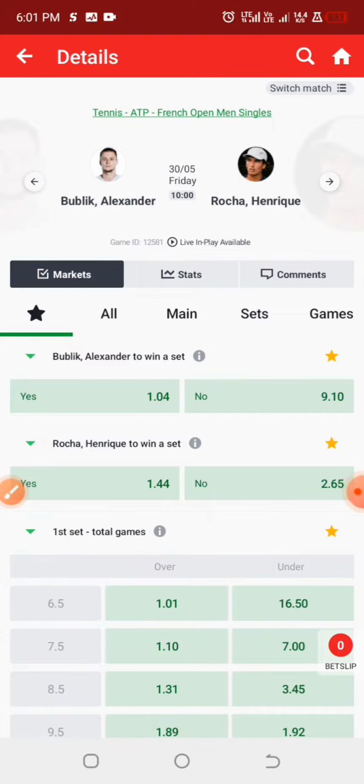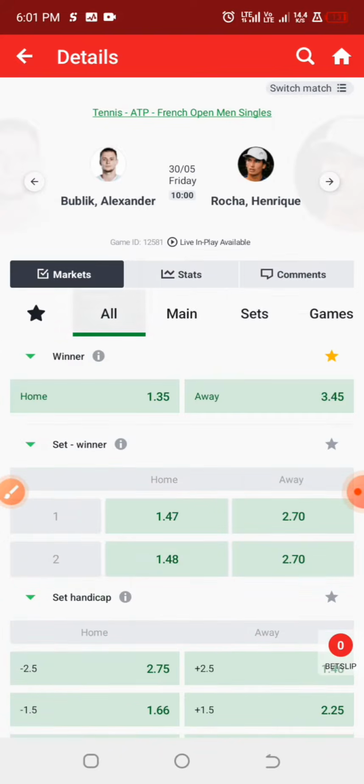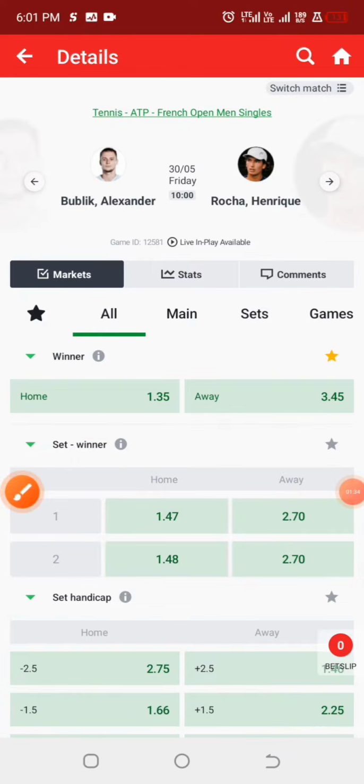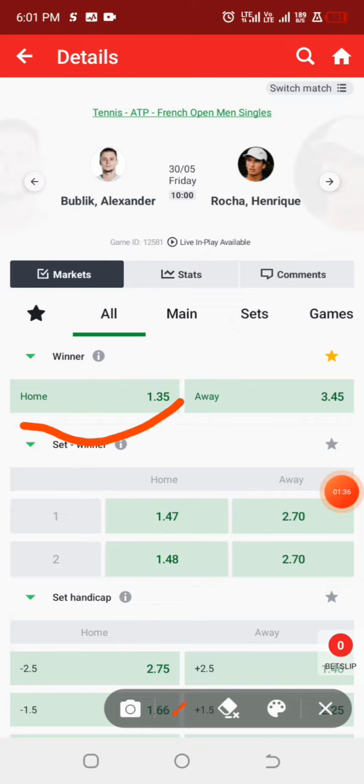Let me first explain individual total sets, individual to win a set, and handicap strategies. Assume you want to predict your games as an individual player to win a set. Look at these two odds. The home player has 1.35 odd, and the other guy has 3.45 odd.